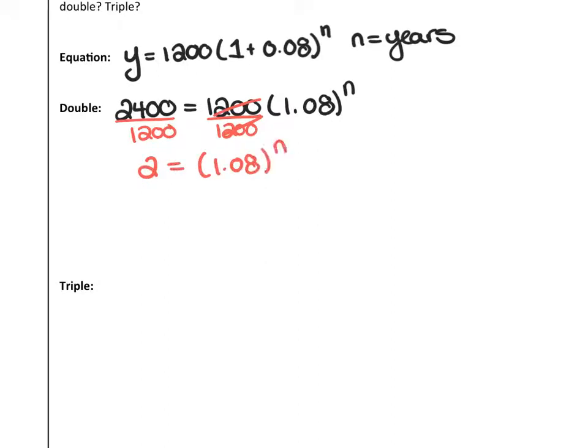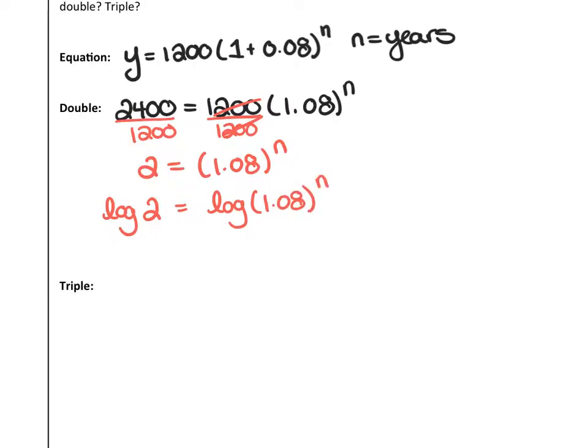2 equals 1.08 to the n. Now we can use our laws of logarithms that we did a couple days ago, and we can actually take the log of both sides. So I'm going to do log 2, and since I don't have a base there, I'm just making it base 10 because that's what the calculator works in. And we're going to do log 1.08 to the n.